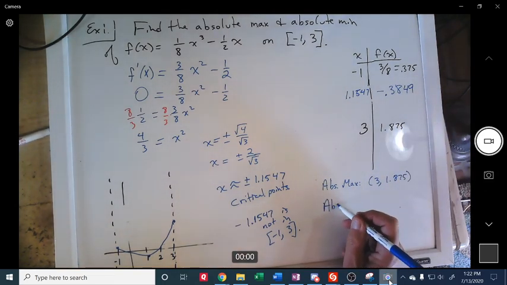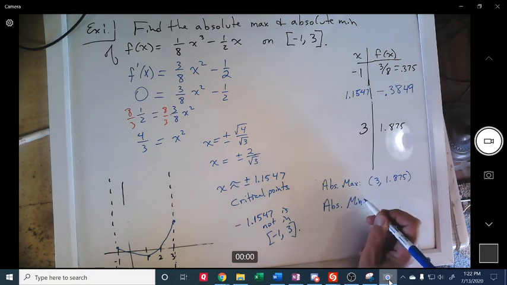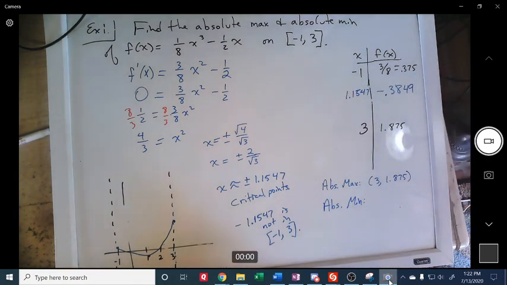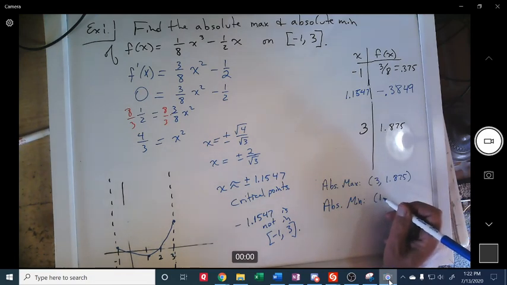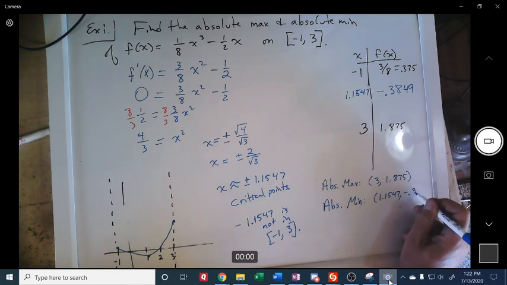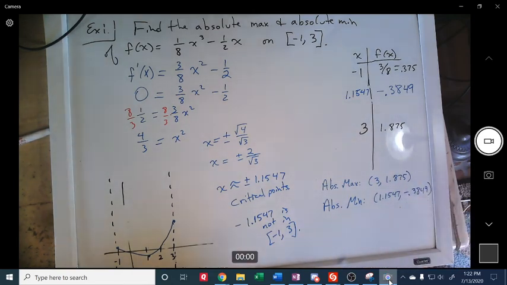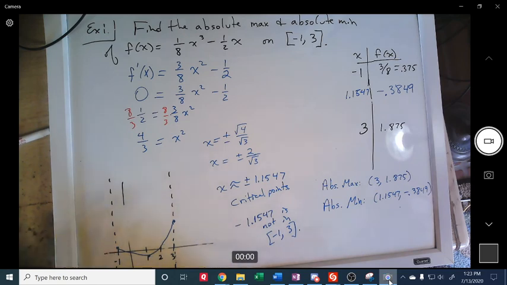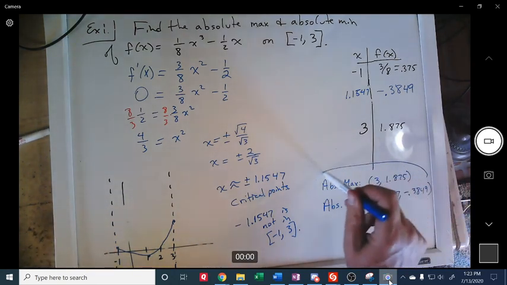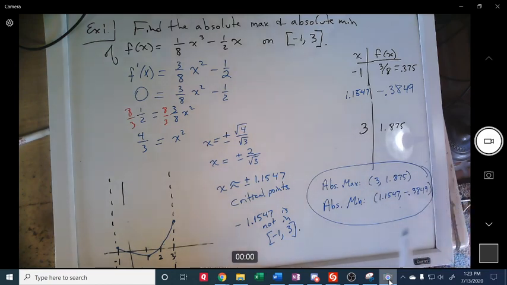The absolute min, take the smallest of these 3 values. And this point right here was neither the highest point nor the lowest point. It was in between, so we don't even mention that.